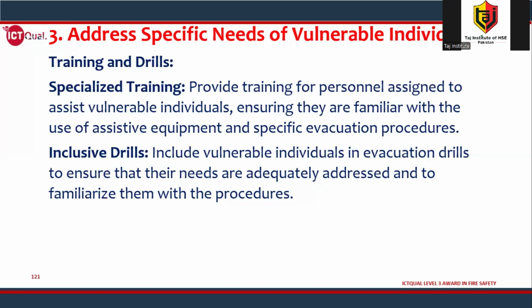So this is the main point: vulnerable persons should also attend the drills. Each and every person should participate in the drills and the training workshop, and should be aware of their process, how to evacuate from this area.